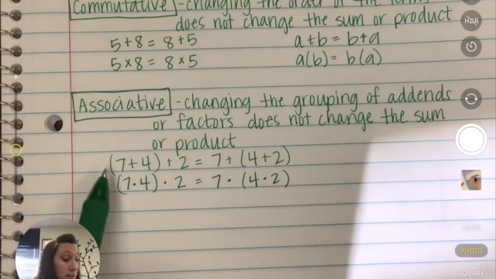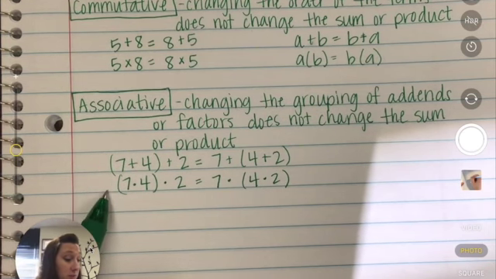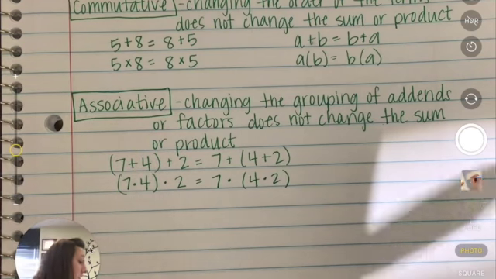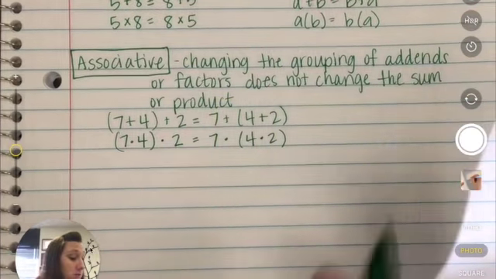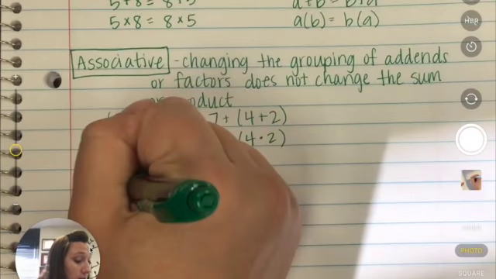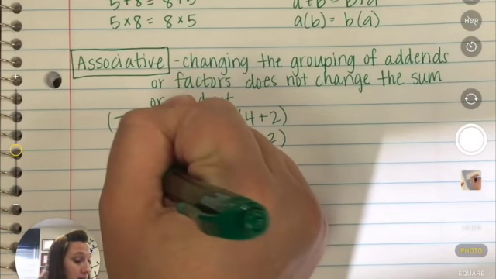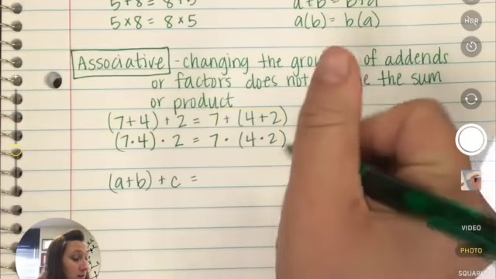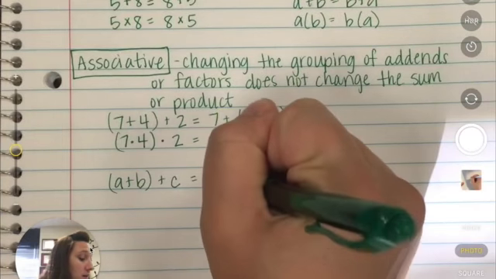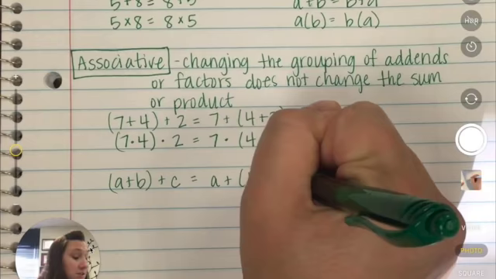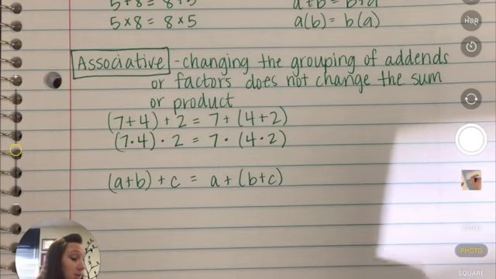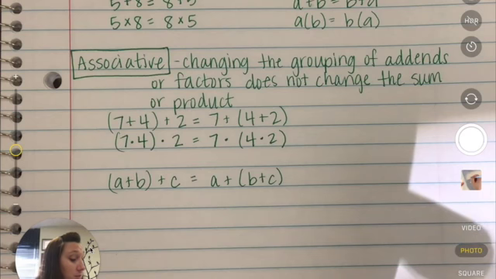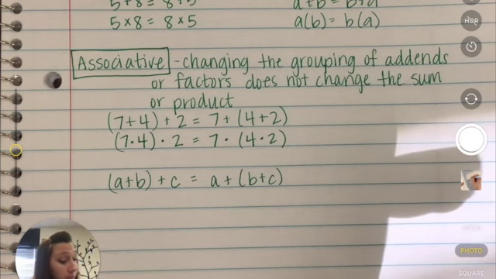So that's looking at the examples of the associative property of addition and the associative property of multiplication with just numbers. But the same thing, again, works with the variables. Whether I add A and B together first and then C, or I add B and C together first and then add A, it's still going to get the same sum with the associative property of addition.